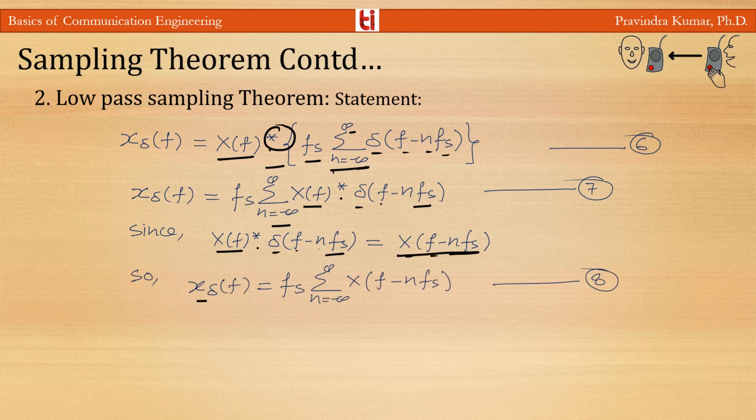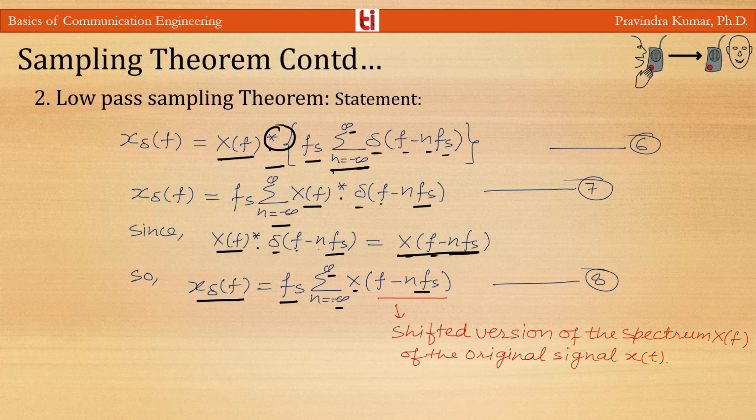So we can have the sampled signal X delta f equal to fs summation minus infinity to infinity X(f minus nfs), where X(f) is the Fourier transform of the original signal x(t), and the term X(f minus nfs) in this equation 8 represents the shifted version of the spectrum X(f) of the original signal x(t).